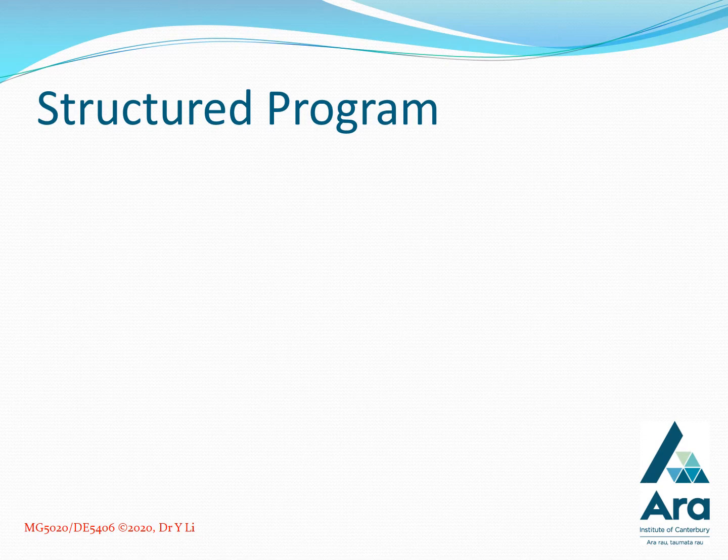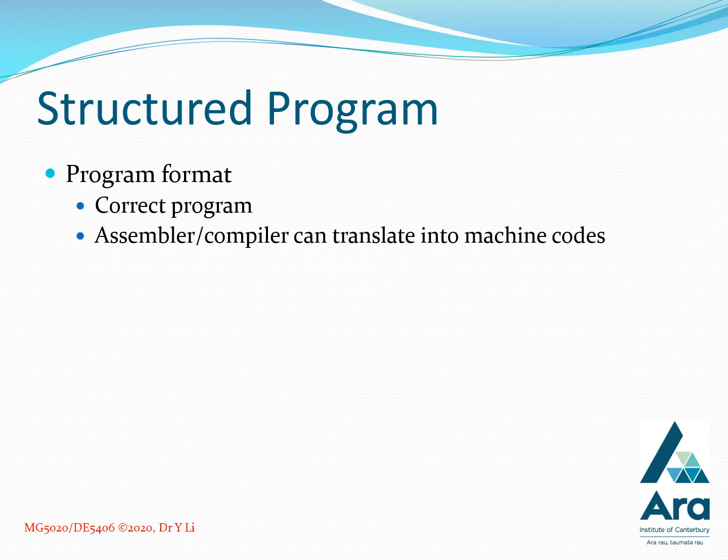Before we jump into a particular language, let's look at some basic concepts of structured programs. First of all, program format. When you write a program, you have to write a correct program so that the assembler or compiler can understand it and translate it into machine code.